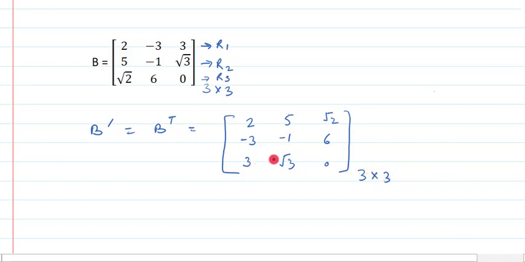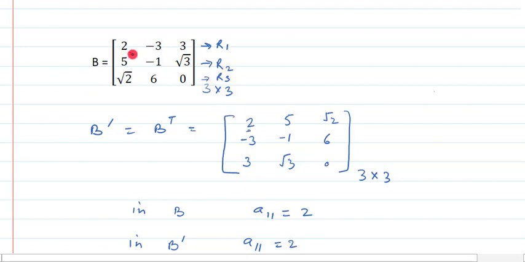Now let us observe one more thing over here. In matrix B, let us write down element a11, it is 2, and in B transpose element a11 is also 2, the same element.